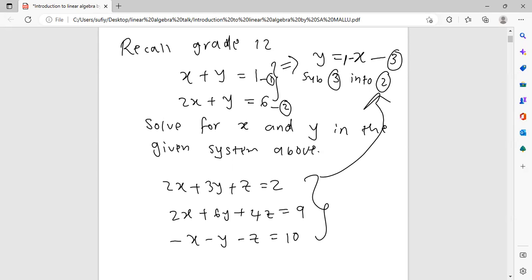It will take a lot of time and a lot of algebraic work. To avoid this tedious work, we can use matrices, which I'm going to show you how to do. That is all from grade 12, and I wanted to emphasize that we can always solve this using matrices, which we're going to learn later in the talk.